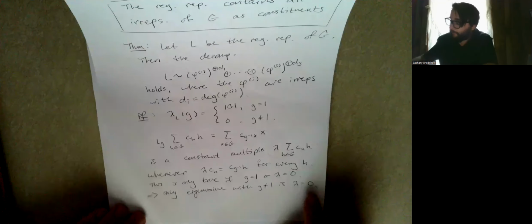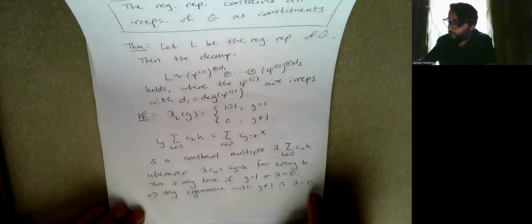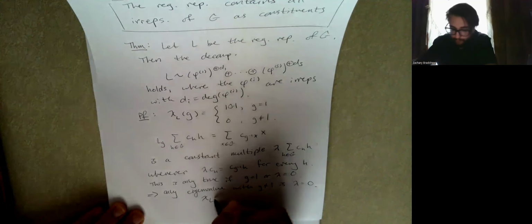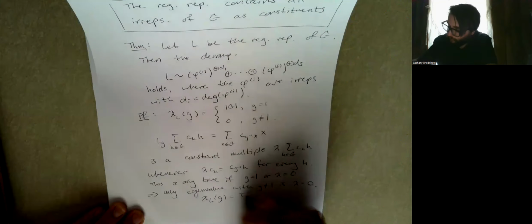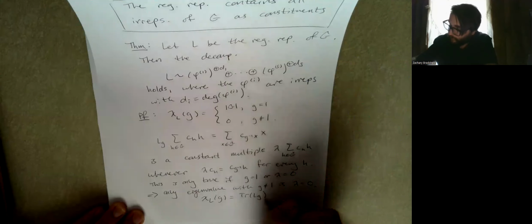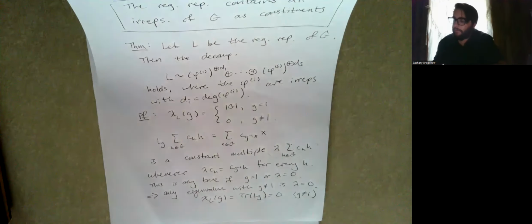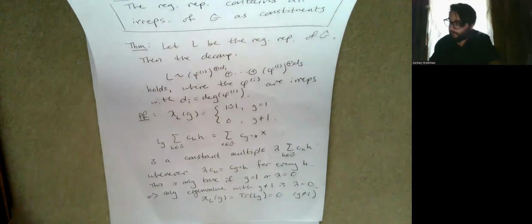In particular, that implies that the trace is going to be 0. So in other words, chi_L of G, which is the trace of L_G, is 0 for this case. So that proves the first part of this statement.